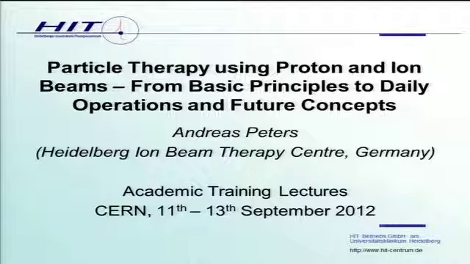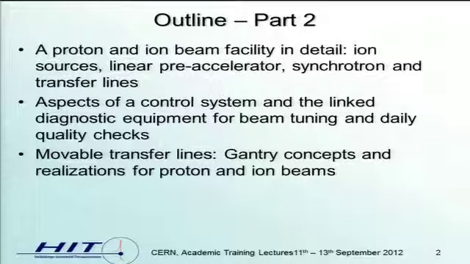So today we will go through the following topics. We will see the whole facility, as an example HIT, the facility where I'm working, in detail. We will go from the ion sources up to the target.